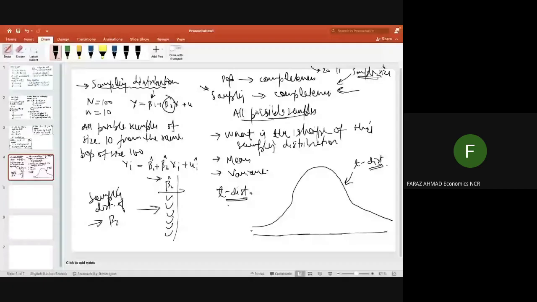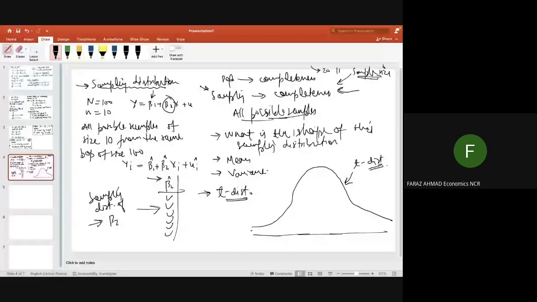We are not going to prove it in this course, but you have to take this point for granted, that it is the t distribution which is followed by beta 2 hat and beta 1 hat, and also the other betas which we will be doing in future in multiple regression, right?